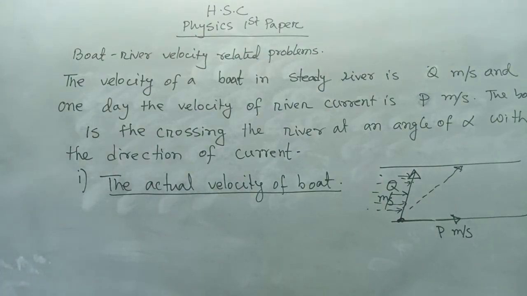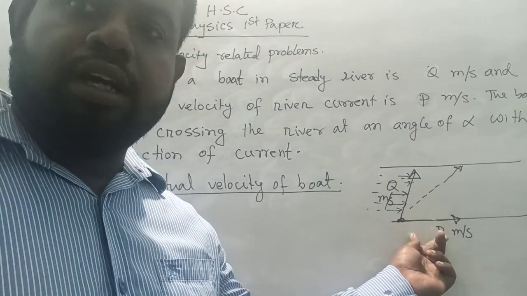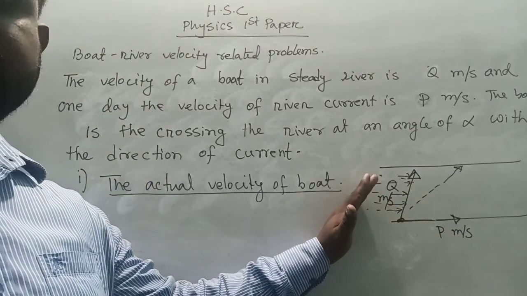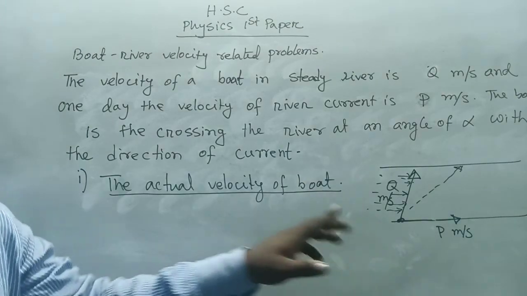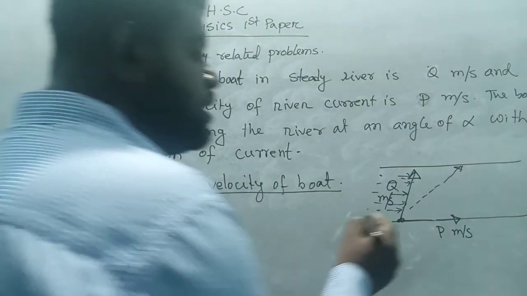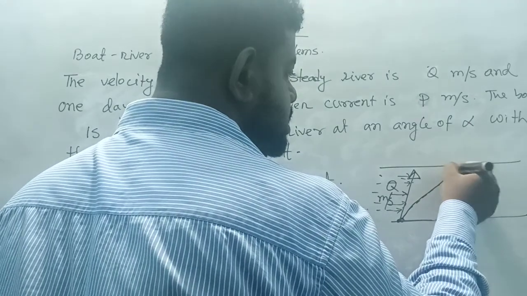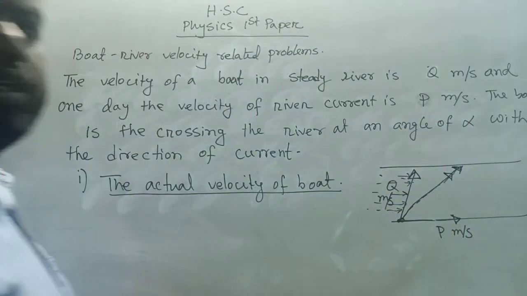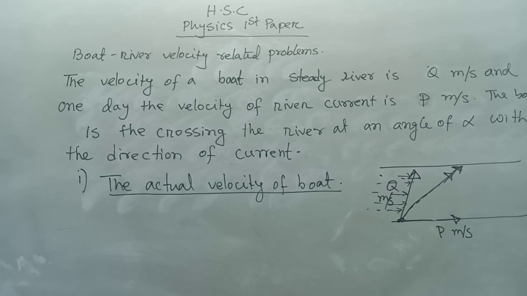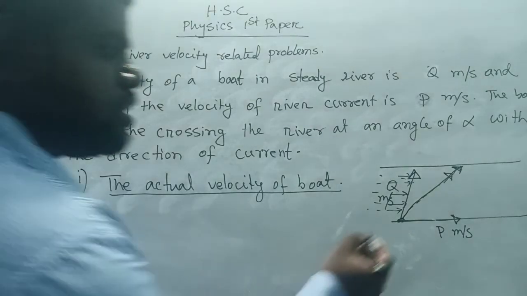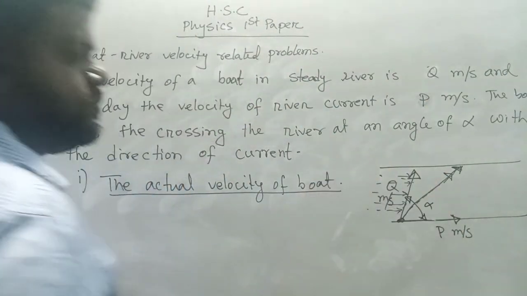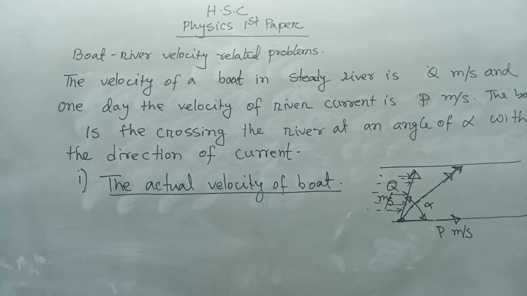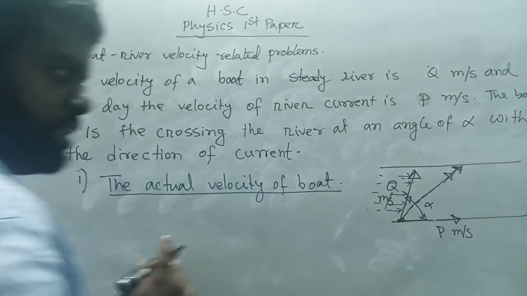One vector is the velocity of current, and another vector is the velocity of boat. When these two vectors act on the same point, the boat will go in the resultant direction. Let us consider they are at an angle of alpha.